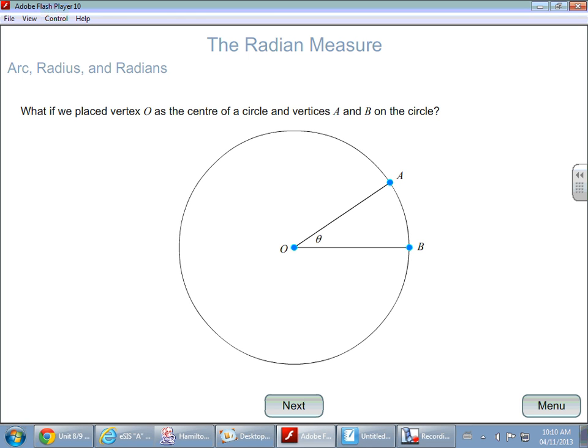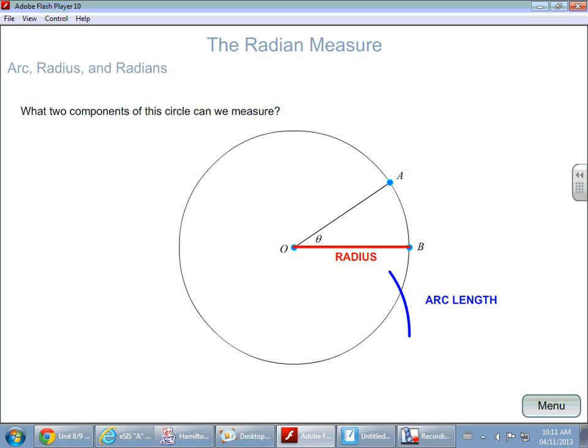Pretty straightforward stuff. If I take the arc length and I divide it by the radius, then that answer is going to be the new size of my angle, and it's called the angle in radians instead of degrees. Now this will do exactly what I just said.